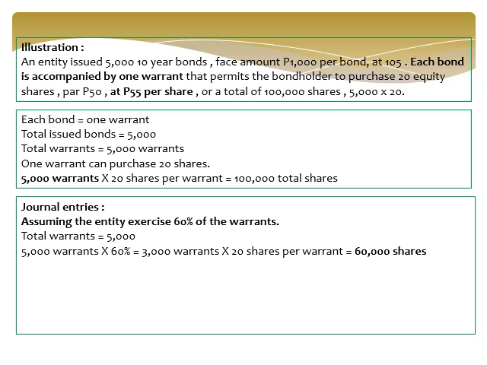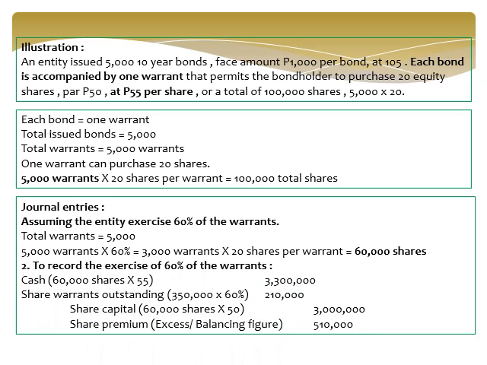Ano ba yung warrants? Granted siya sa bondholders para makapag-purchase sila ng share sa entity. Ano ba yung right nila? Mag-purchase ng share sa entity, one warrant can purchase 20 shares. So, since 5,000 warrants times 60%, 3,000 warrants lang yun na exercise. So, sa 3,000 warrants, per warrant, meron 20 shares. So, total shares na in-acquire is 60,000 shares.